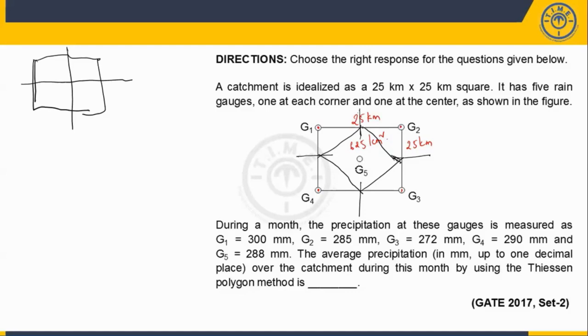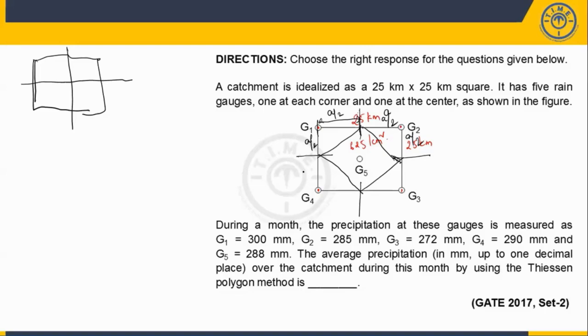Now, let's assume this to be a square of side a kilometer. If this is a, what about this portion? A by 2. And what about this one? A by 2. What about Z1 to the half? A by 2.